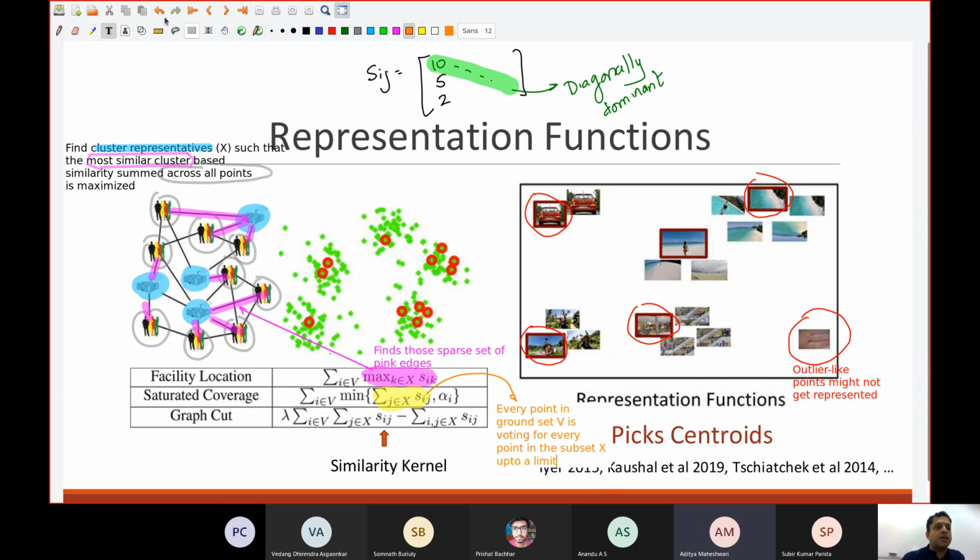And that limit alpha is what creates the submodularity. Otherwise, it would be modular. This part is itself modular. But up to a limit alpha is what brings a twist in the story.